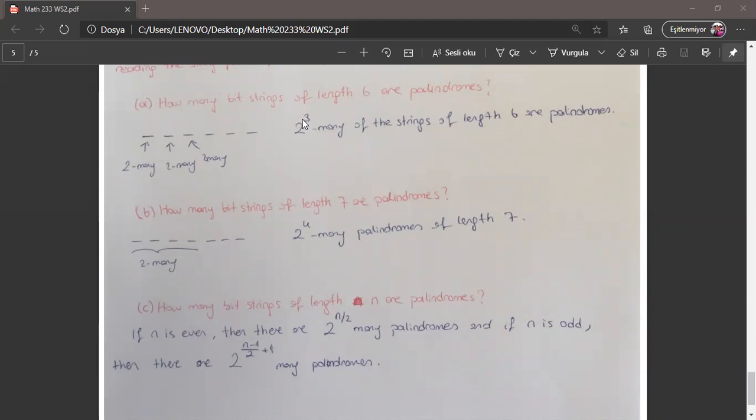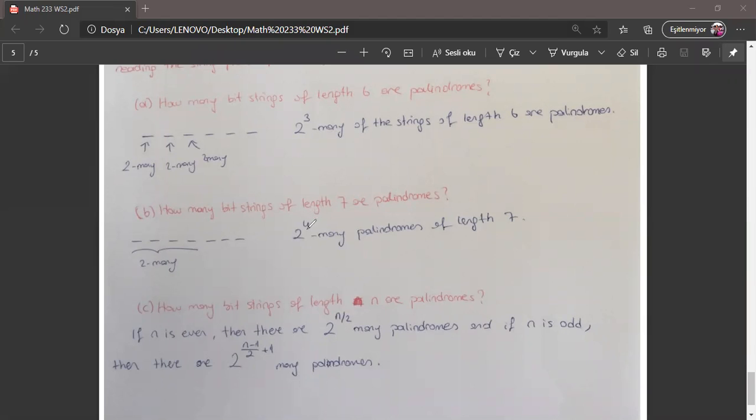We had 2 to the 6 over 2, right? So we have 2 to the n over 2 palindromes. What about if n is odd? If it's odd, remember we had 2 to the (n minus 1) over 2 plus 1, right? Let's check if this is correct.